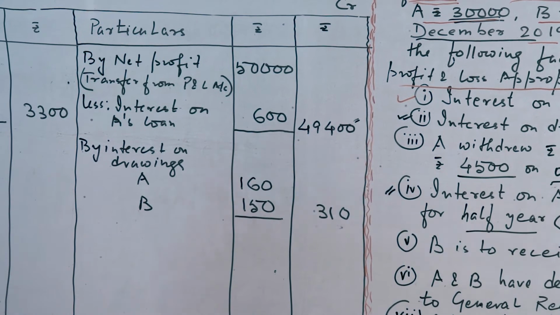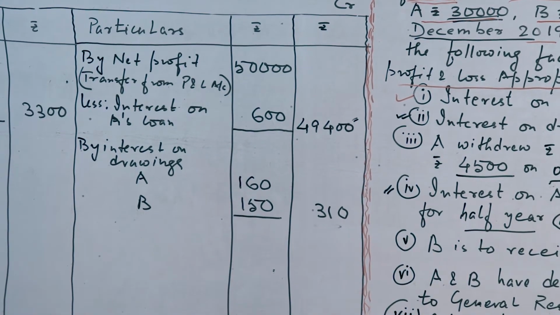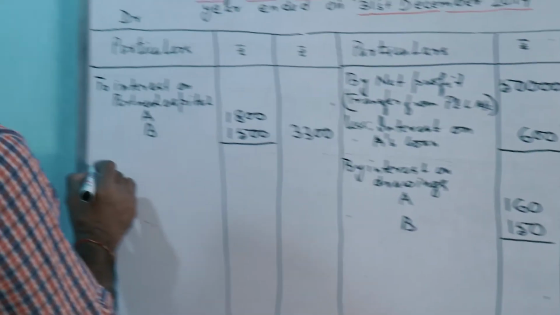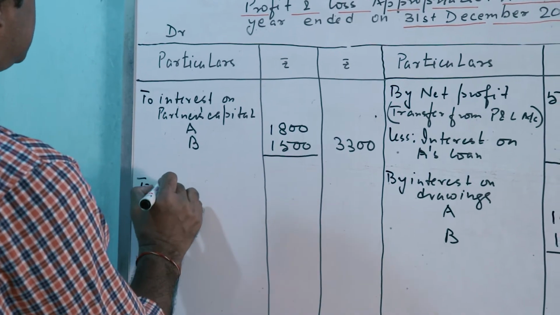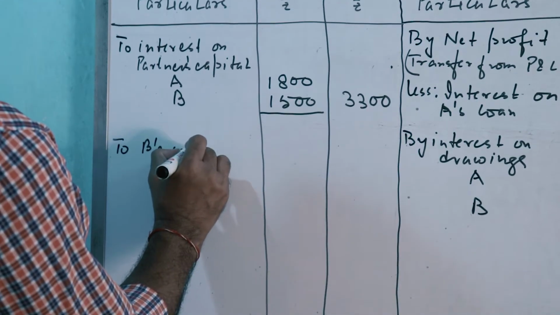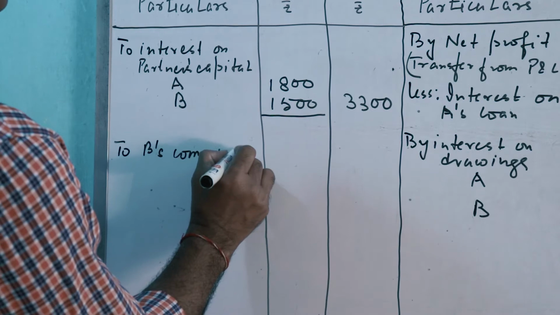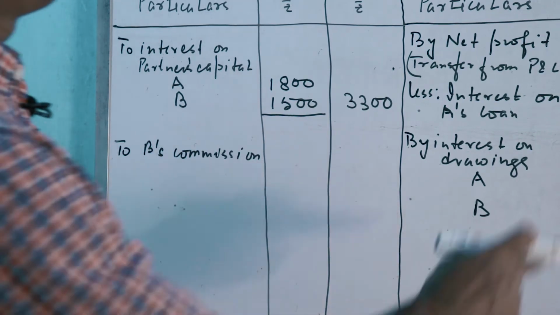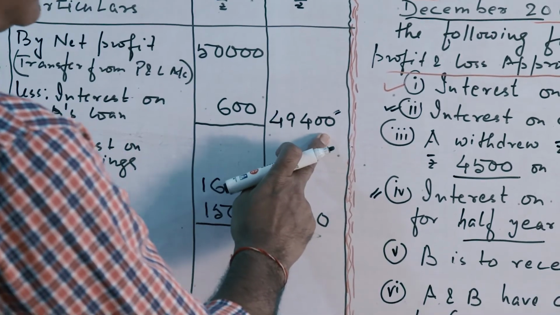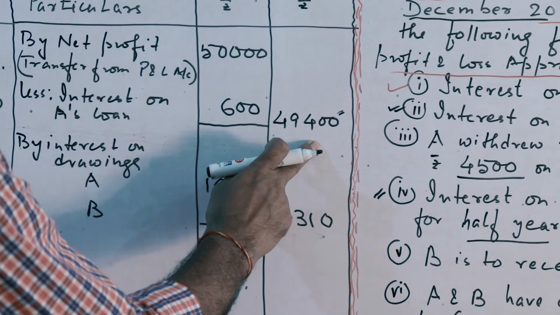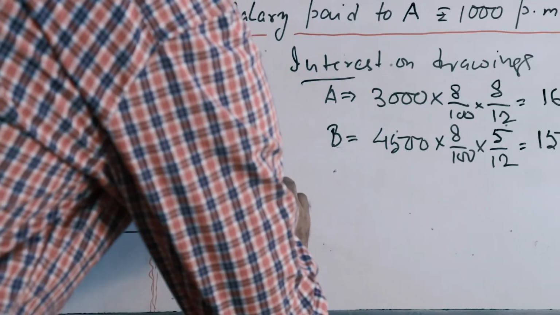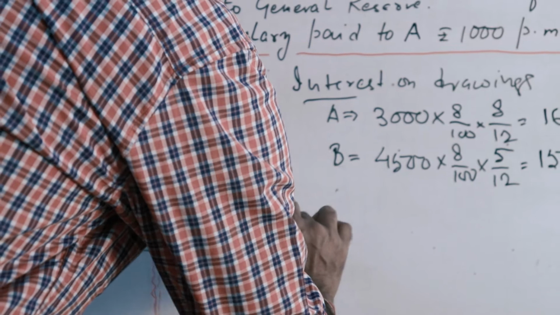Now net profit is 49400. So B's commission, how much? 49400 इसका 2%.